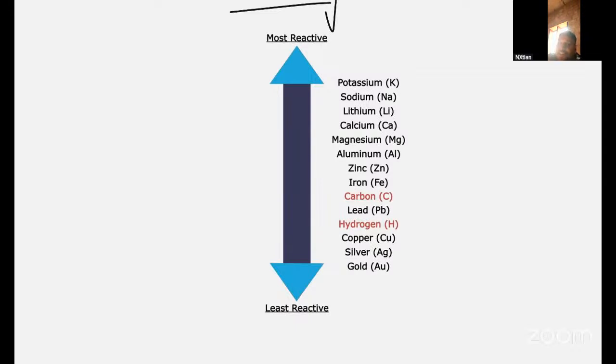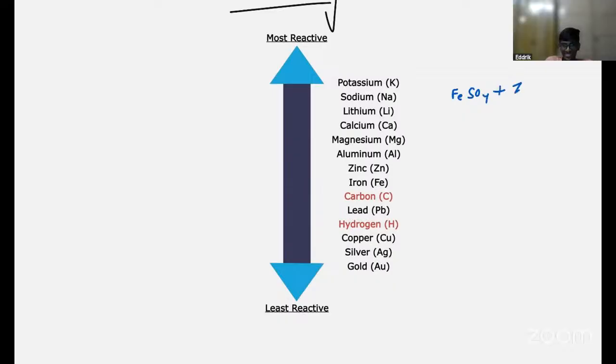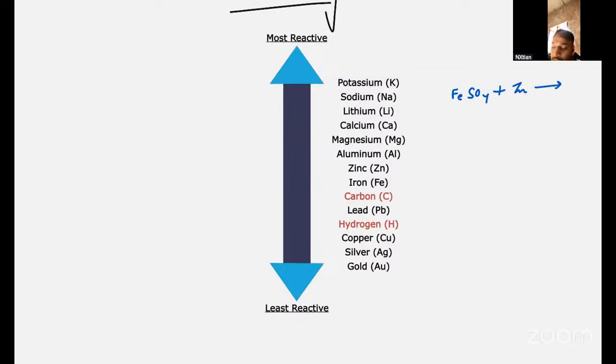Okay, now listen. This means that, for example, if I take one compound, everyone please pay attention, this is important. If I write FeSO4 plus zinc, now zinc is more reactive, it comes in the upper part than iron.